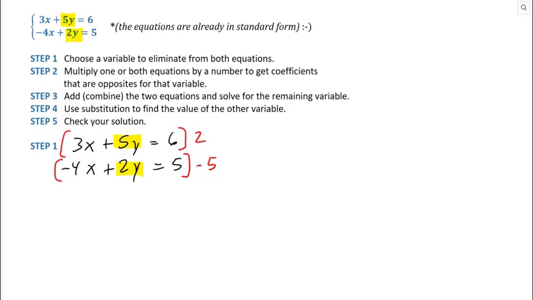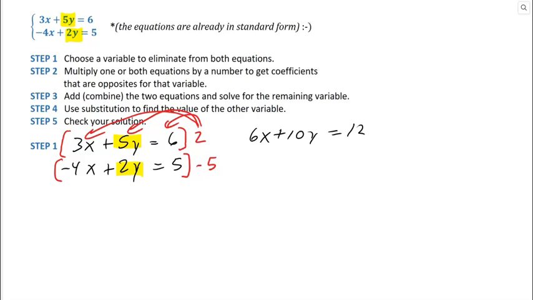Now, so when I do that, 2 times 3x is 6x. And 2 times 5y is positive 10y. And 2 times 6 is 12.